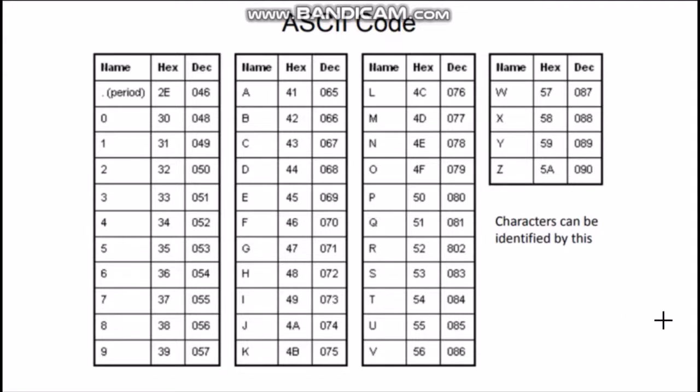So what will you write in the ASCII 8 coding scheme? Capital A will be 0100 0001. That is how A is represented in the ASCII coding scheme.